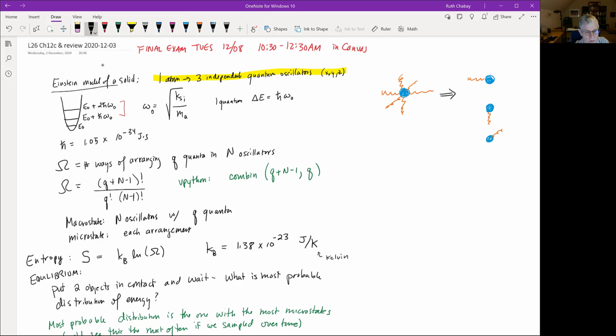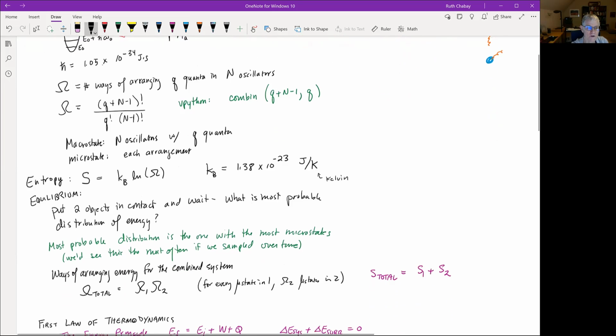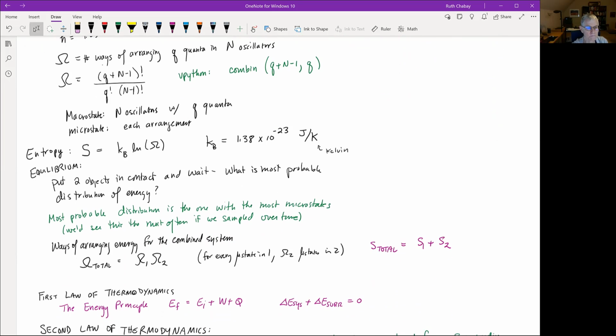And in VPython, remember that can be calculated as combin of q plus n minus 1 and q. And we defined the terms macrostate is the system plus the total amount of energy, and a microstate is one particular arrangement of energy. And the fundamental assumption of statistical mechanics is that every microstate, each arrangement, is equally probable.